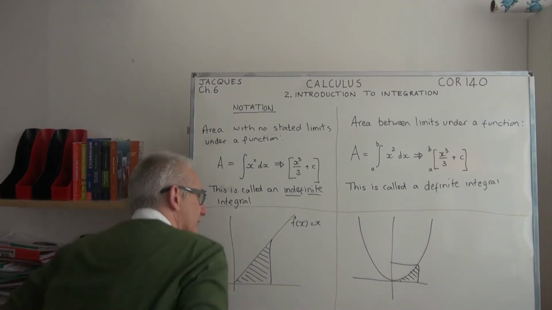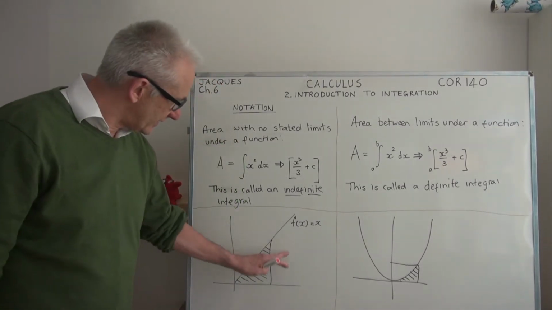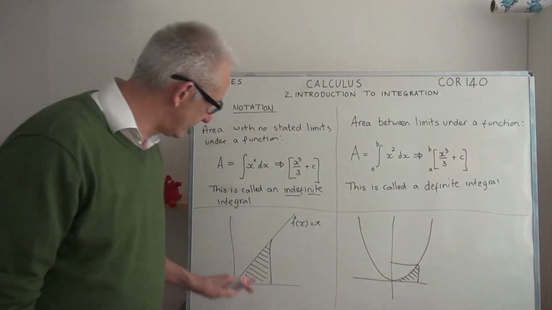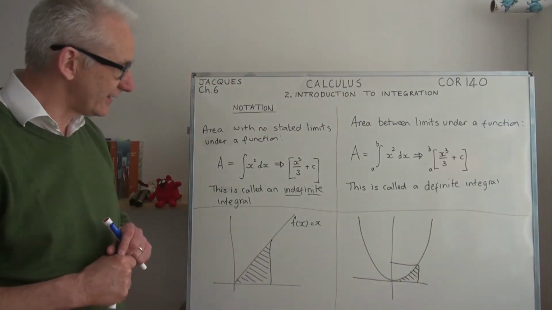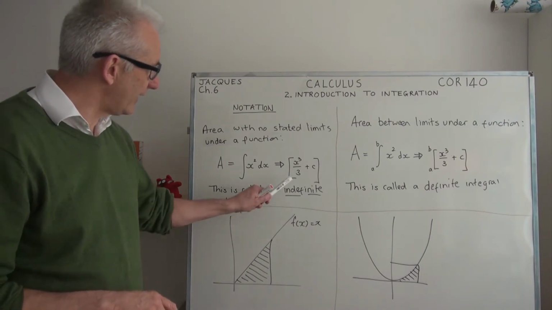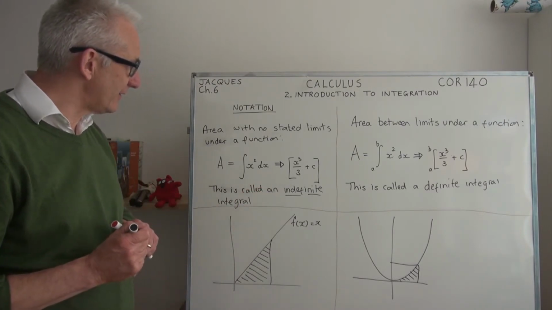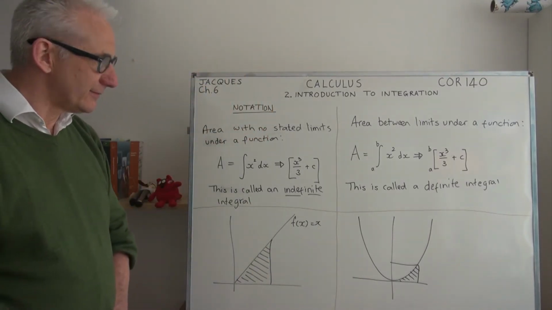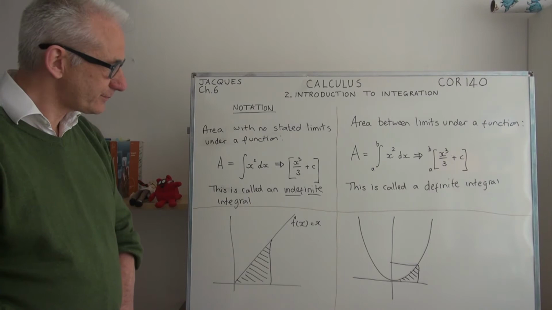Now you should be able to see that the shapes are actually quite similar. This has got a curve in it, that's got a straight line in it. Now, how can we start to apply these antiderivatives to help us calculate that particular shape down there?